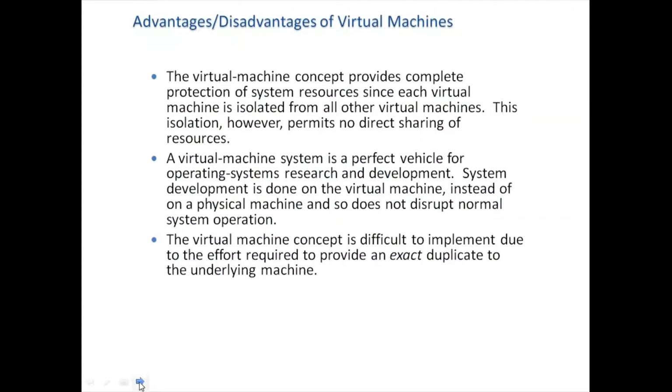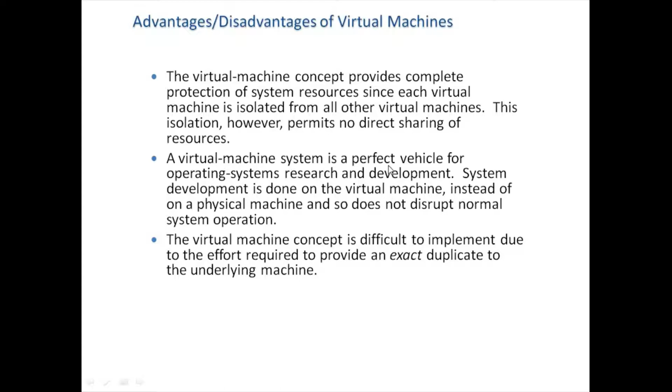The advantages and disadvantages of virtual machines are as follows. The virtual machine concept provides complete protection of the system resources. Since each virtual machine is isolated from the others, this isolation, however, permits no direct sharing of resources.